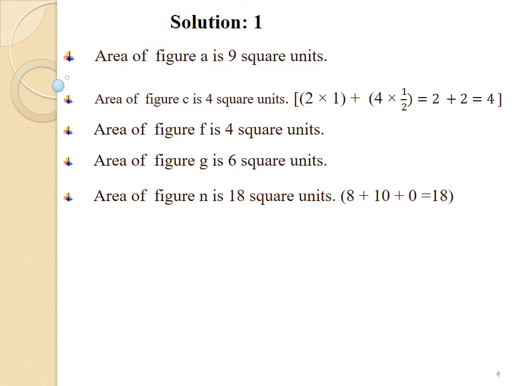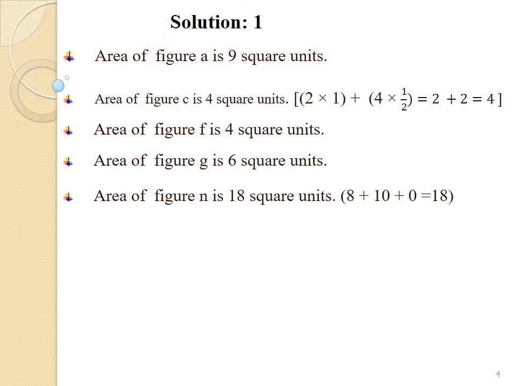Thus, the area of figure F is 4 square units. Now, answer of figure G. Figure G contains 4 fully filled squares and 4 half-filled squares. Thus, the area of figure G is 6 square units.